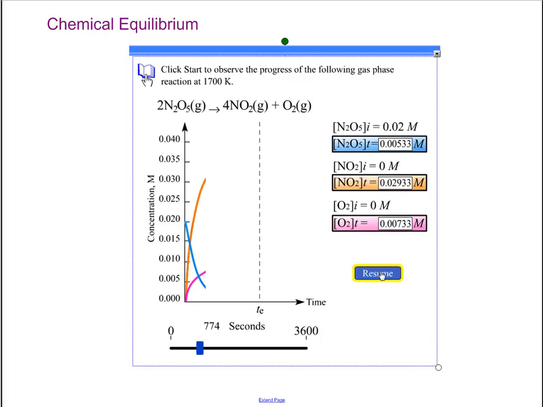And that's continuing to happen, and you can see right around here the shape of the curve is starting to change. We're going to talk about reaction rates later, and we'll take a look at why those start to change. And we're going to hit our next important point when we hit TE. That is the time at which they reach equilibrium. So let's take a look at these concentrations, and let's see what happens to these concentrations as we continue for the rest of the time.